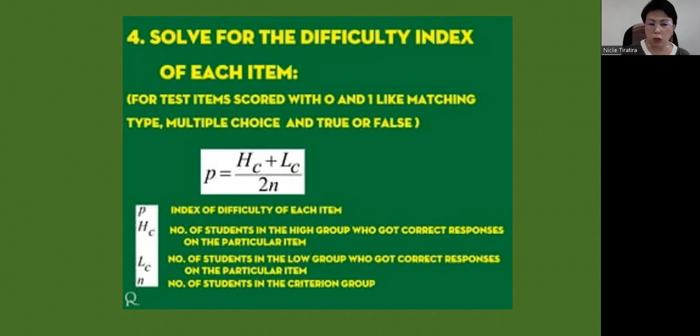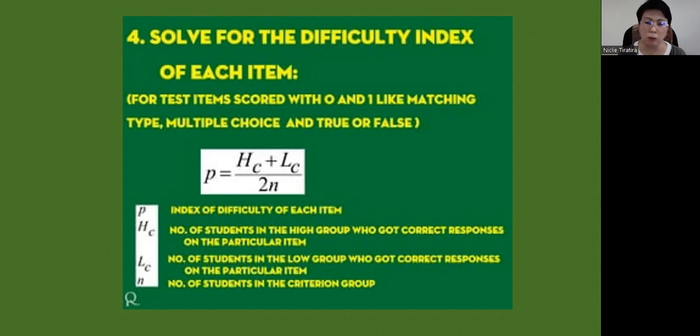From the top score, you count 18, and that will be your upper group. From the bottom student who got the lowest score, you count 18 upward, and that would be your lower group.